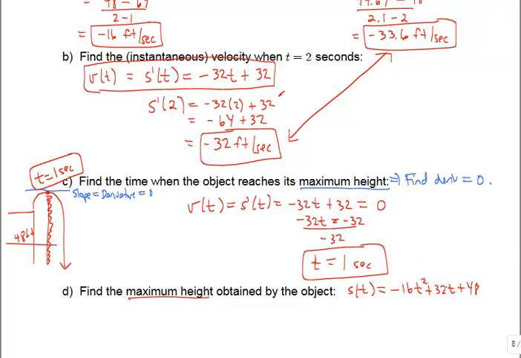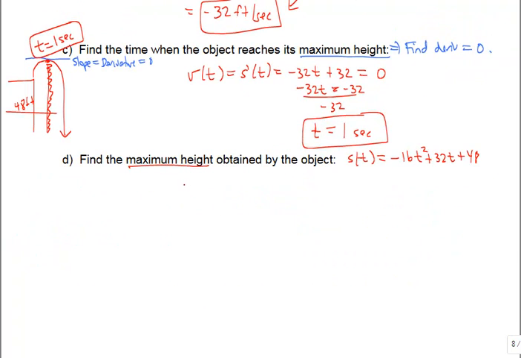And we know from the previous question that we reach this maximum at 1 second. So this question is really just asking for s of 1, the position of this object at 1 second. So all I have to do is plug in 1 into the original function.